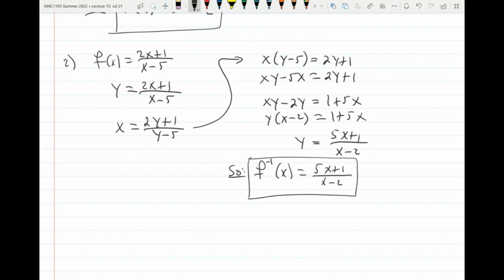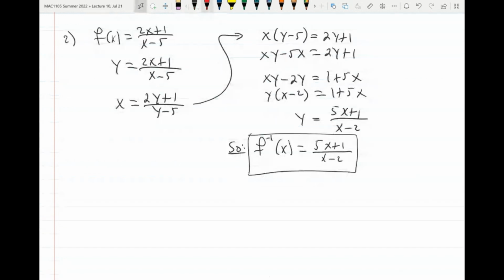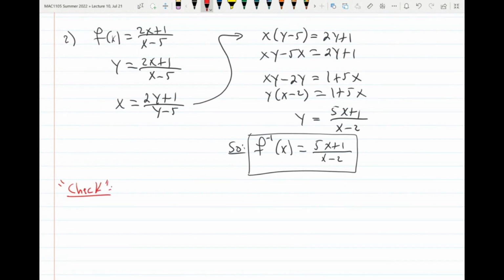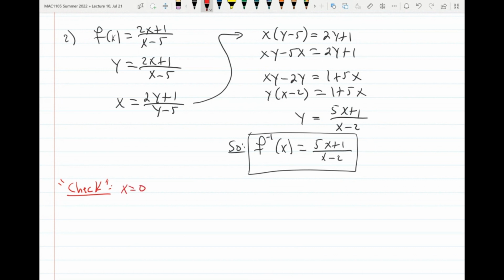So, what would be something easy to plug into f? We can plug in 0, right? So x equals 0 is a very easy thing to plug in. I'm putting this in quotation marks because it's not a full check, but at least it will give us some confidence that the formula works. So I'm going to do f of 0. f of 0 is going to be -1/5, right?